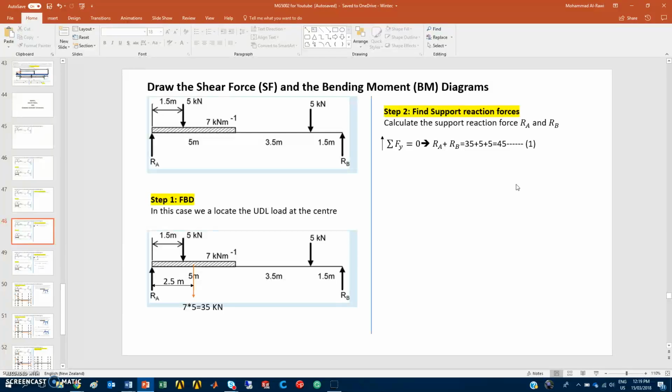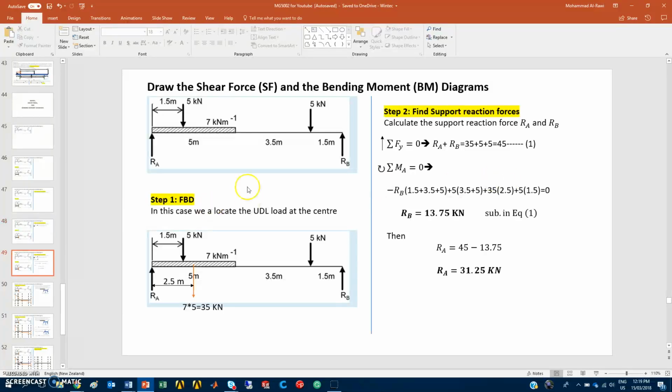Then we take the moment around point A, and we assume clockwise is positive. RB will rotate in that direction, which means negative, minus RB, times the distance from here to point A, which is 1.5 plus 3.5 plus 5 meters. Plus you have the 5 kilonewtons rotating clockwise, times the distance 3.5 plus 5 meters.